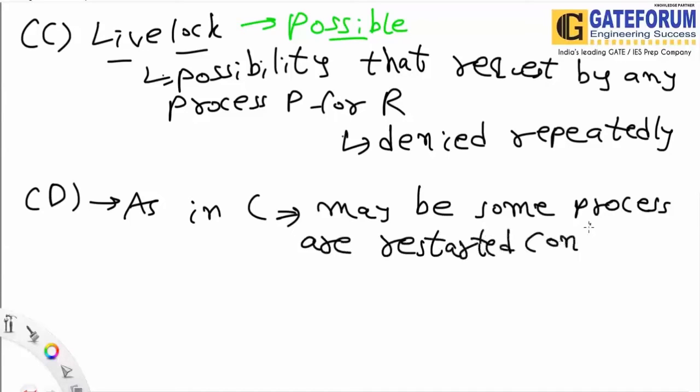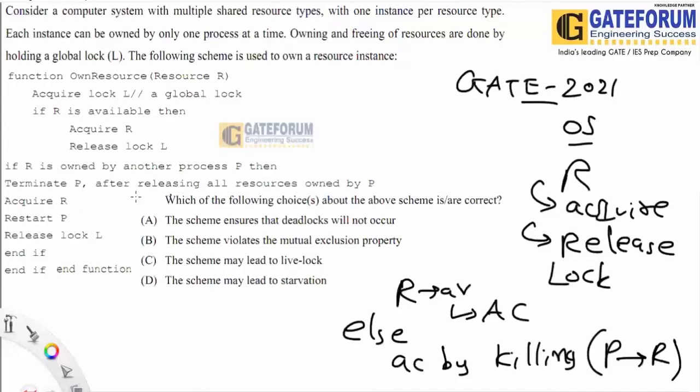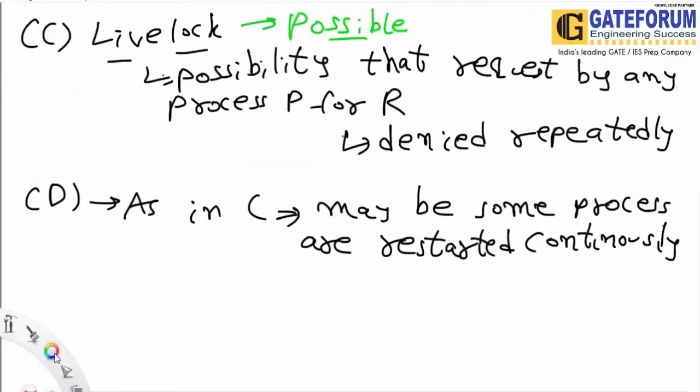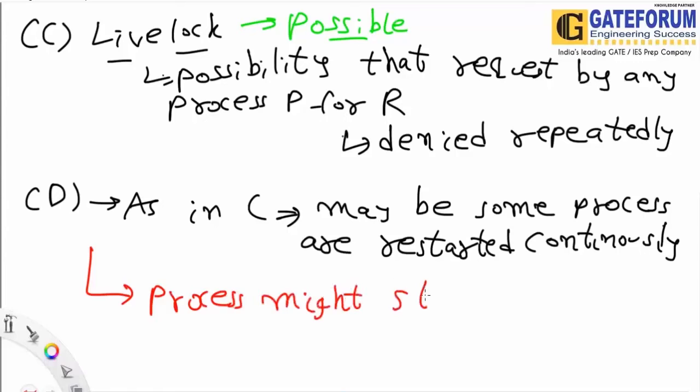It means it has taken a particular resource, another process came and it restarted. Again it takes a resource, another process comes, and it restarts. So that's why the process might starve for resource R. This is 100% possible.